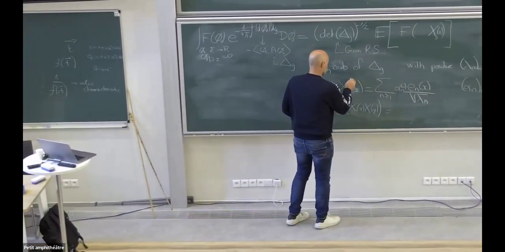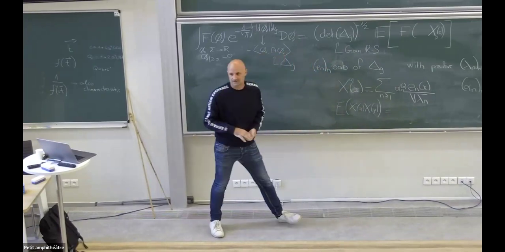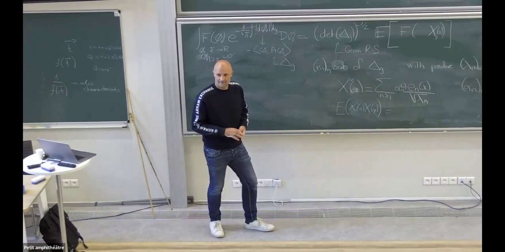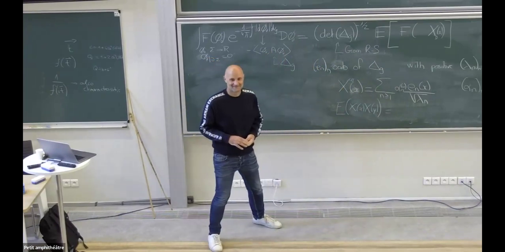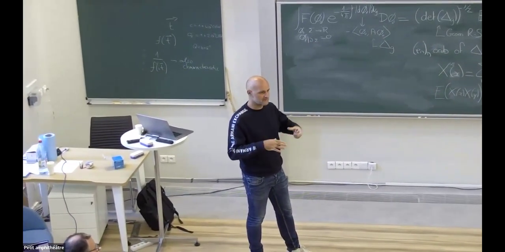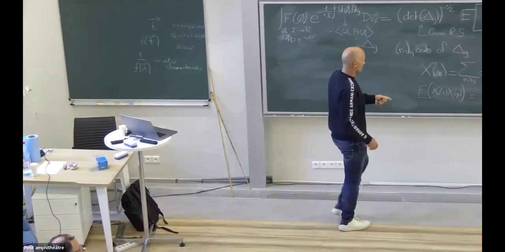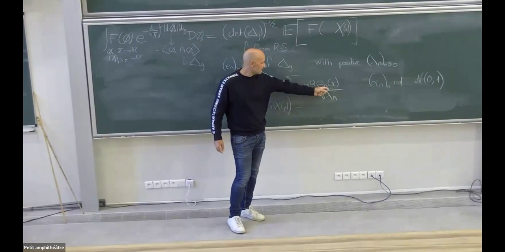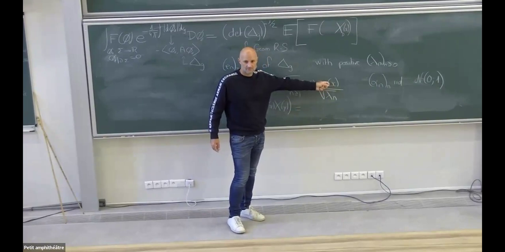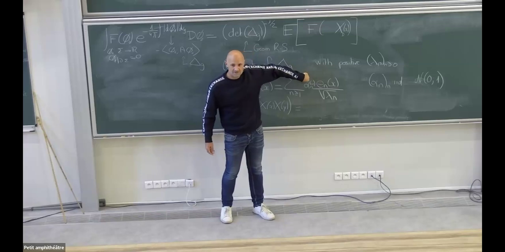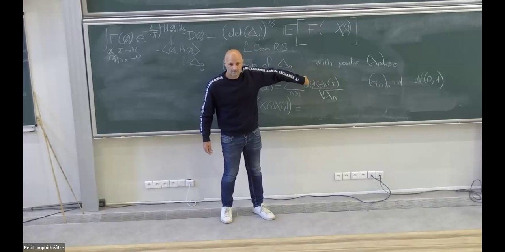Actually, this guy depends on omega as well, but it's standard to skip this notation. It's defined on some abstract probability space, whatever it is. Only those guys are random. These are fairly defined smooth functions. I take a random series, just a series, but the coefficients are random variables.